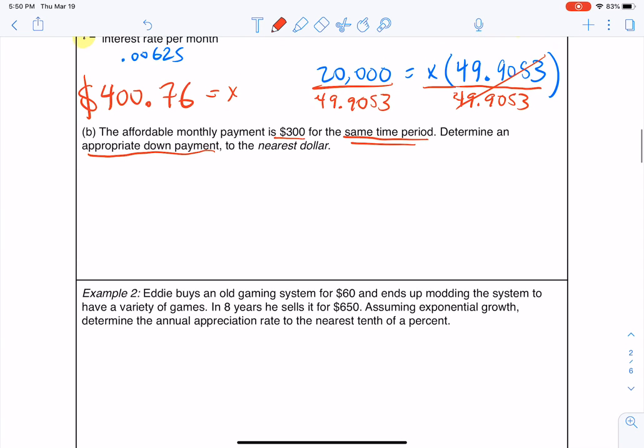In this case, P of N is what we don't know. We don't know what we borrowed. We know our PMT, the monthly payment, is $300. We know that our interest rate is the same, so our rate is still 0.00625. And we know our time period here is 60.